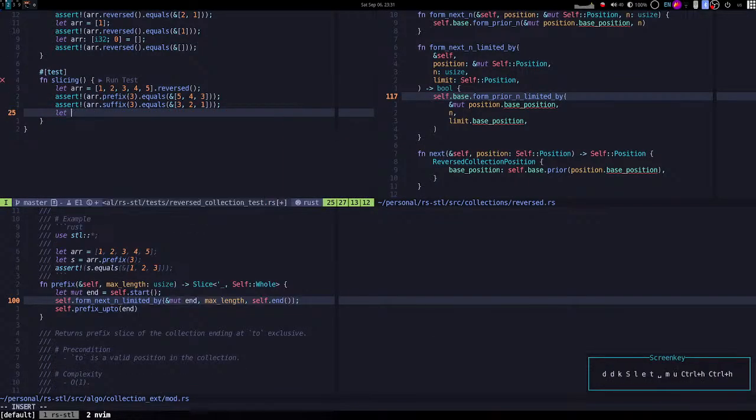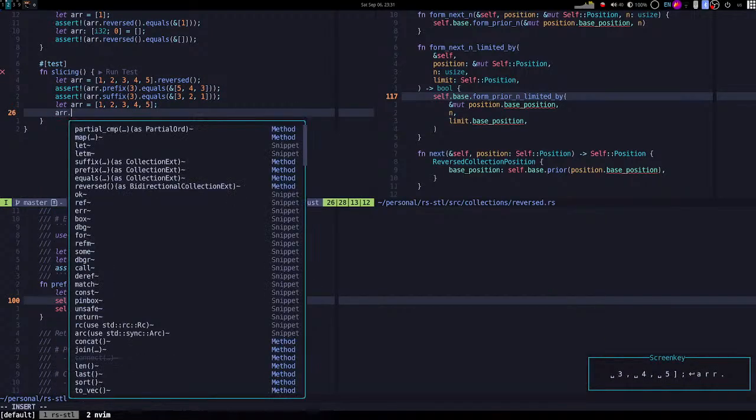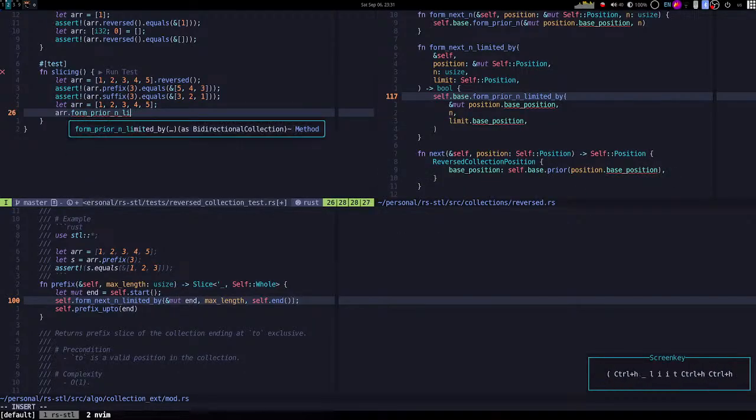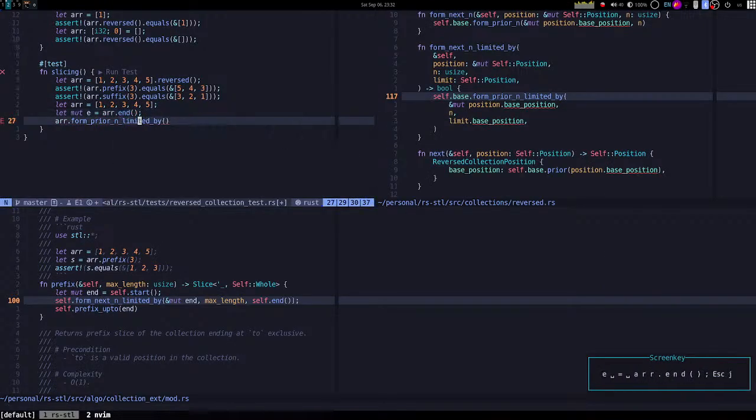Let arr be 1 2 3 4 5, and arr dot form prior n limited by, okay, let mut e be arr dot end, and what's that? 7, 0, right?